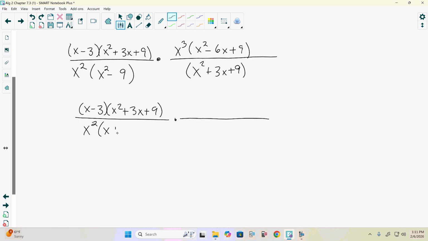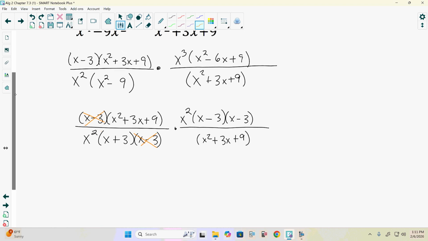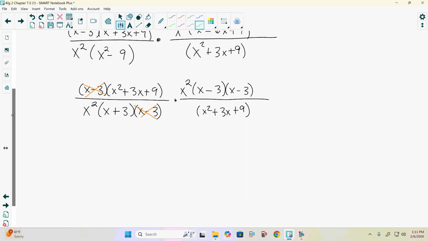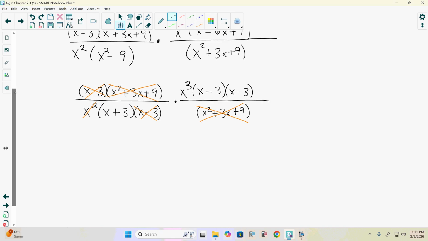Our x squared minus 9 would be x plus 3 and x minus 3. Make sure I didn't just drop a sign. Nope, we're good. And that should be cubed. Yep.